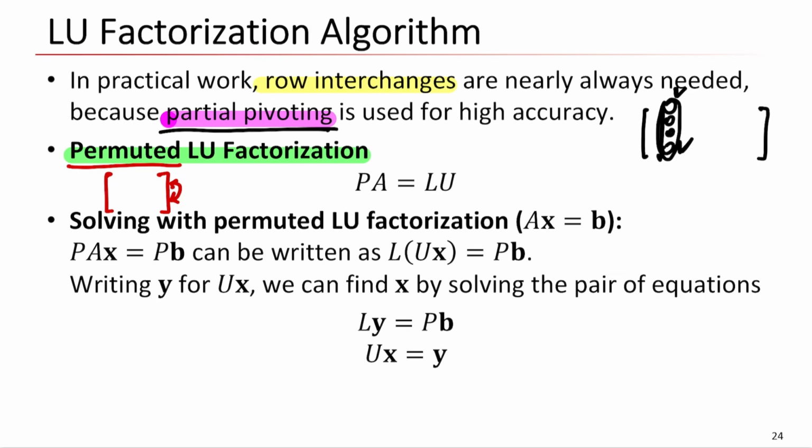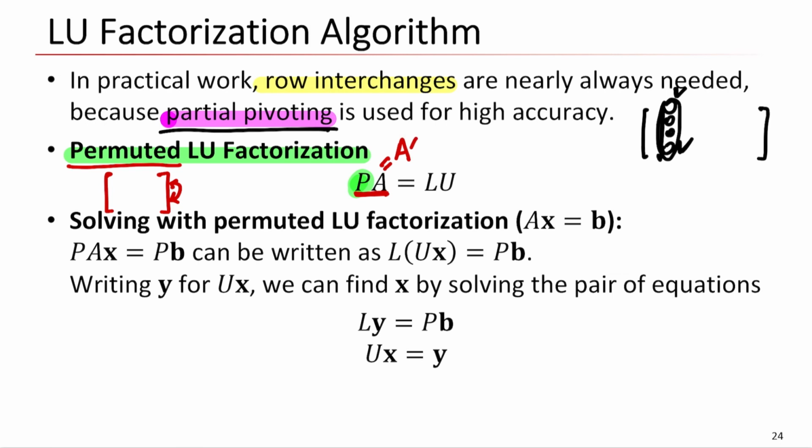Then what we want to do is find the permutation matrix P first, and then permute the original matrix A by P times A as a new matrix A, something like that. And then we can apply the same LU factorization algorithm, right? How?